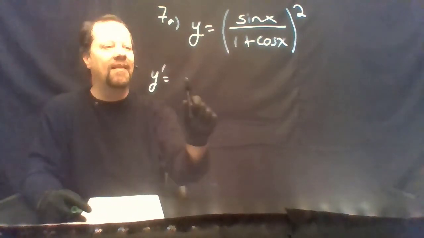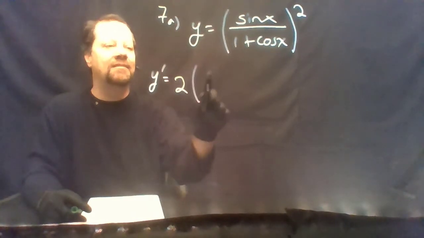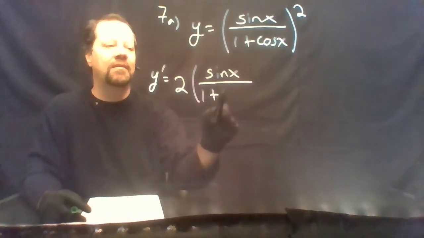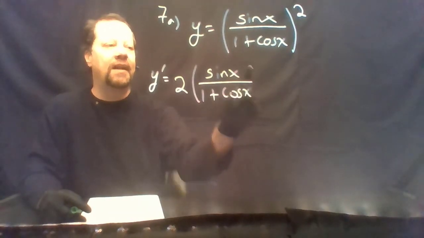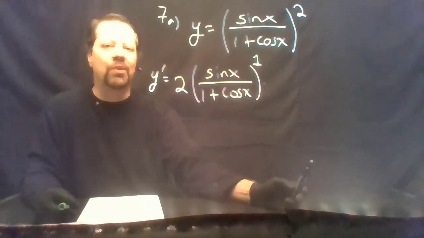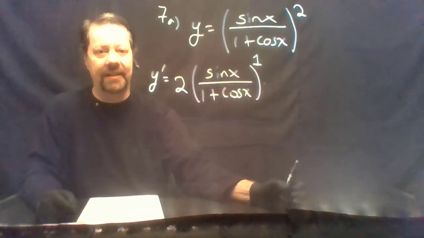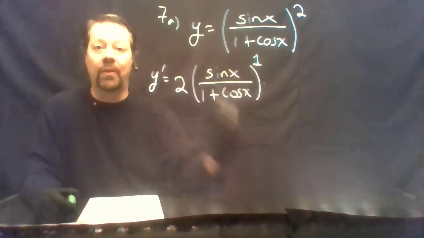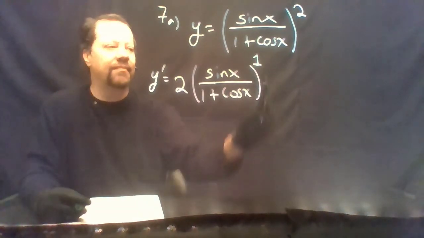We'll bring the power down, leave the inside alone, and subtract 1 from the exponent. Then we need to multiply by the derivative of the inside, implementing the chain rule. The derivative of the inside requires that we use the quotient rule.